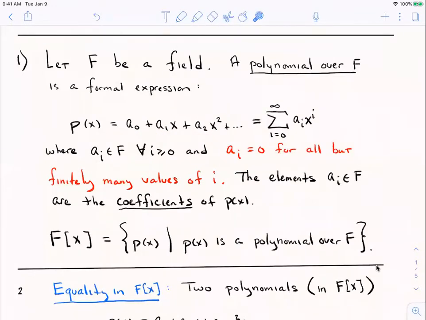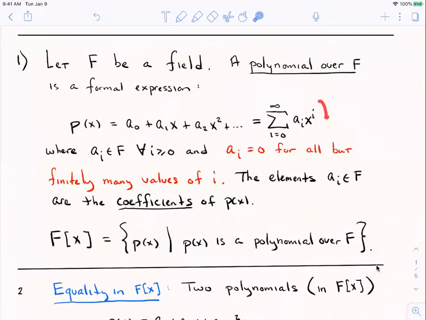It looks like a polynomial. This might not look like a polynomial because I'm writing it as an infinite sum: the sum as i goes from 0 to infinity of a_i X to the i. But I require that the a_i be in F for every one of those values of i. And then this is the important part, I highlighted it in red: those coefficients are 0 for all but finitely many values of i.